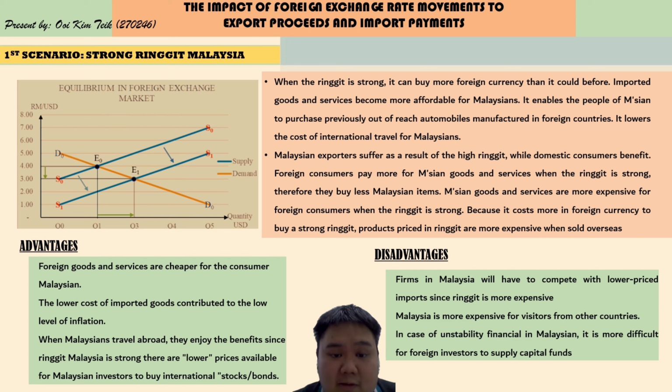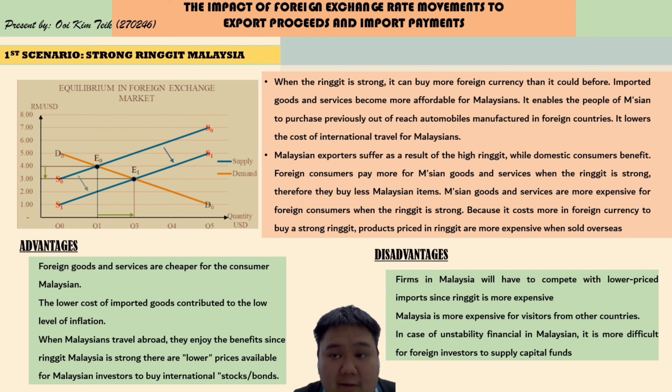When there is additional demand on export, it causes additional supply of USD. This will make the curve S0 shift to the right, to the S1 curve. There will be excess supply at the point E0, the original exchange rate, which is USD $1 equal to 4 ringgit Malaysia.